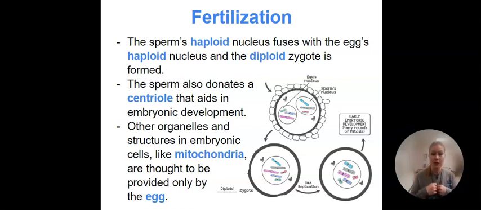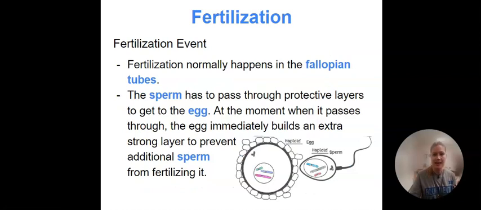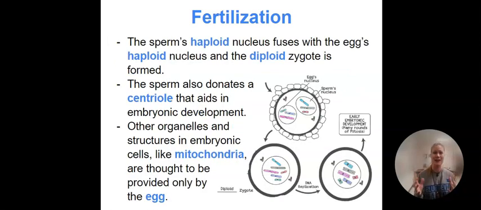The only thing that the sperm is donating is genetic material, and pretty much everything else comes from the egg, which is why, if we go back for a second, the egg as a cell is huge compared to the sperm. I think in your notes it says it's something like 30 times larger. So I don't know, it'd be like a basketball and then like a grain of rice. That's probably not a perfect scale, but it's close enough.